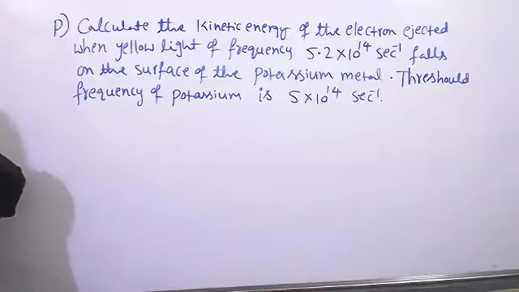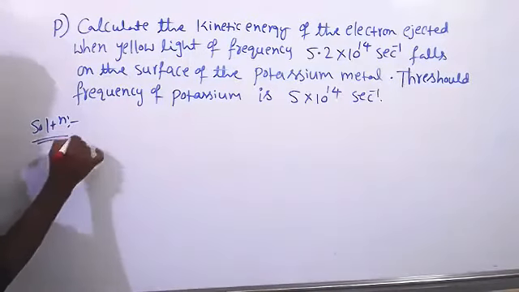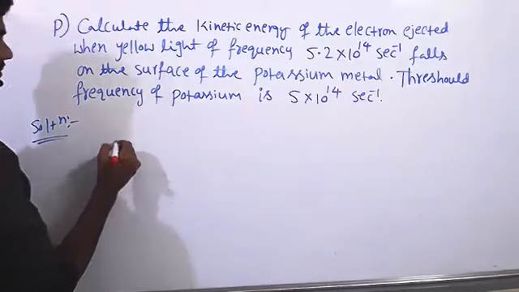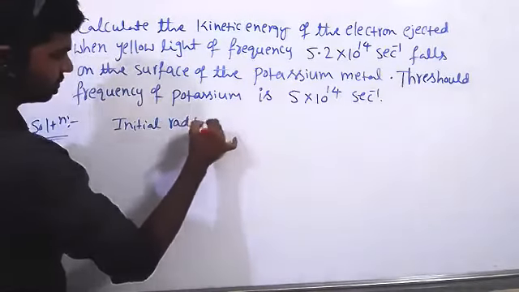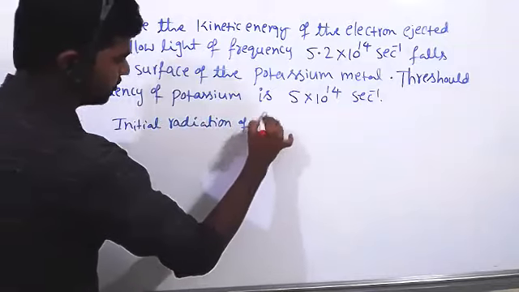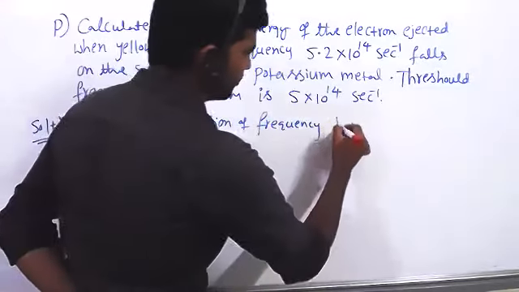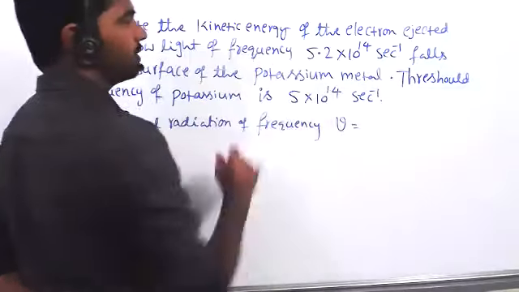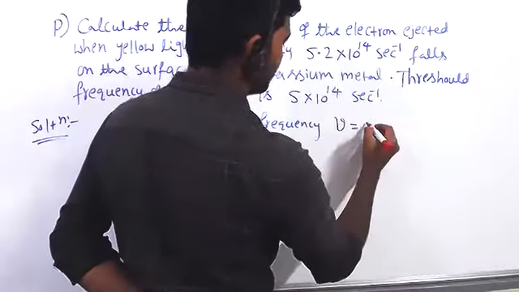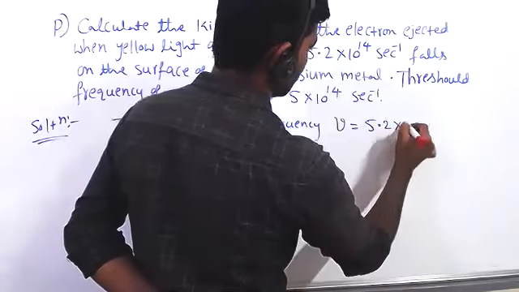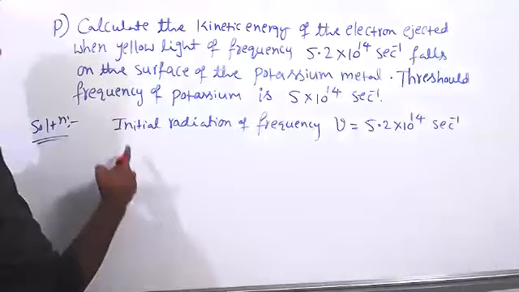We have to calculate kinetic energy. Not K is equal to hc of 1 by lambda minus 1 by lambda 0; lambda is not necessary here, since frequencies are directly given. So K is equal to h of nu minus nu 0. That formula is sufficient.